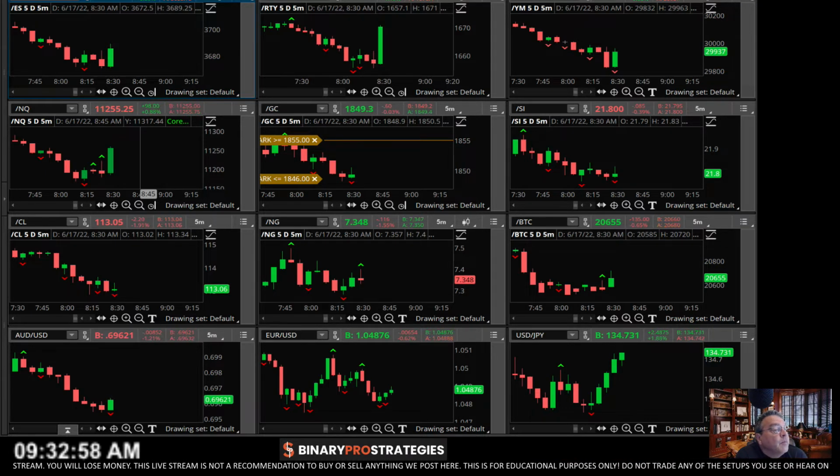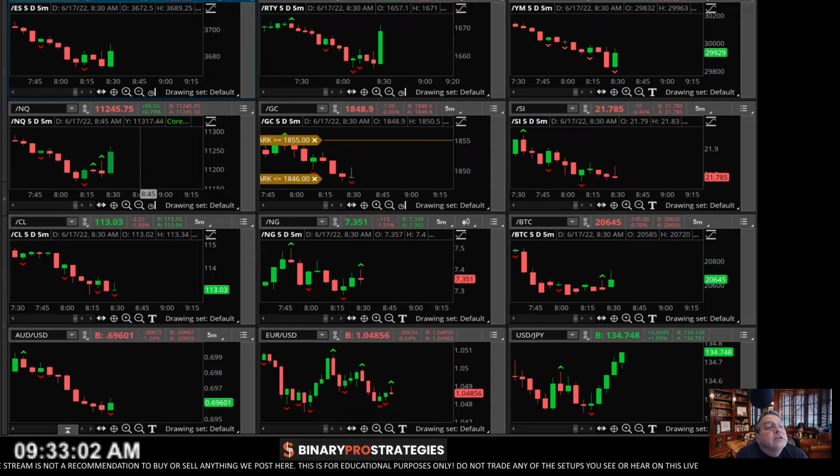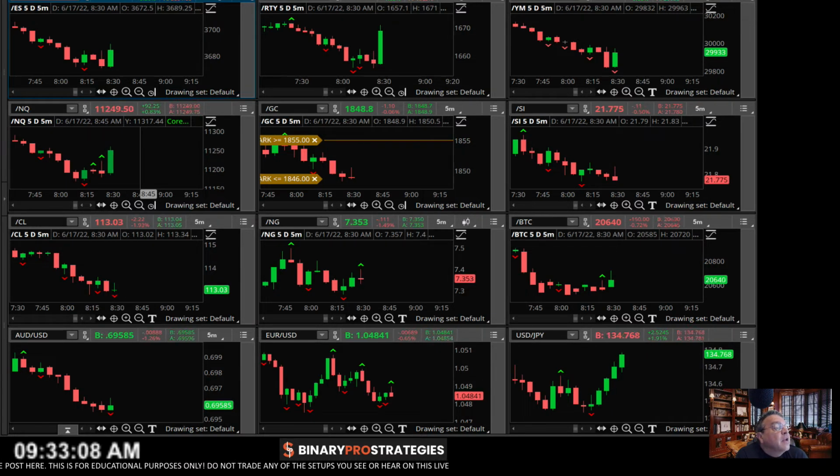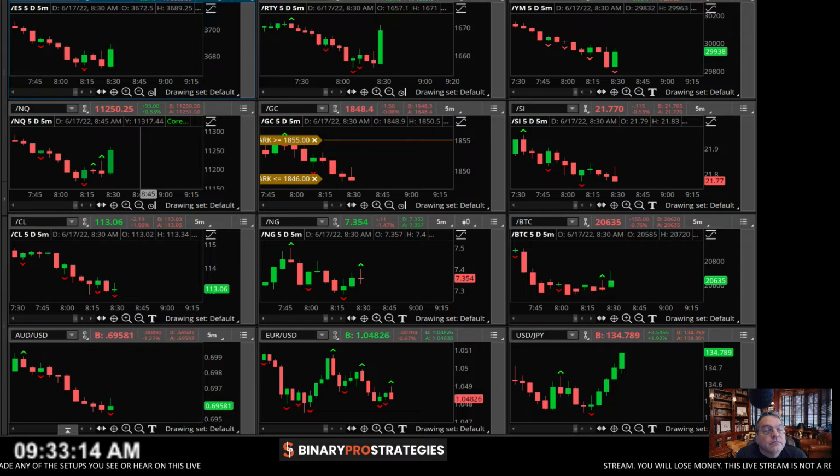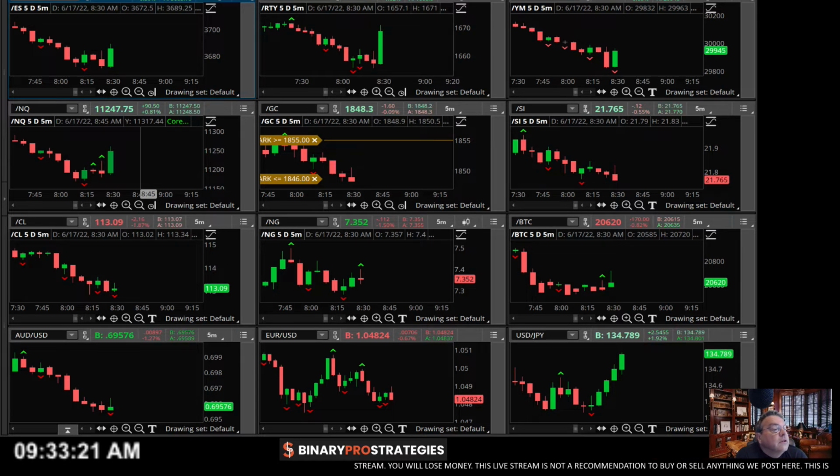Interesting. We're actually getting a buy right now on the mini Nasdaq. That buy's coming in at 112.57 and a half. Target on that is going to bring us up to 112.95.